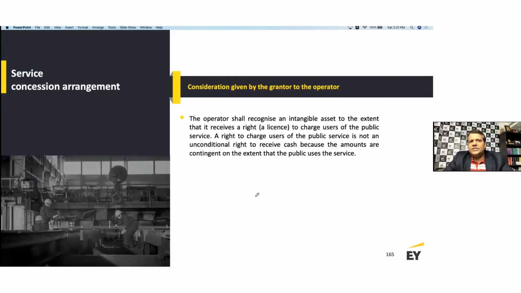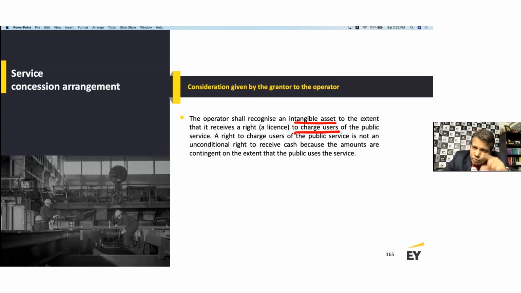Okay. Consideration given by the grantor to the operator in relation to operating and using the asset and then charging the public, you will record an intangible asset, to the extent that it receives a right to charge the users of the public service. If I don't have a right to charge, then I don't have an intangible asset.